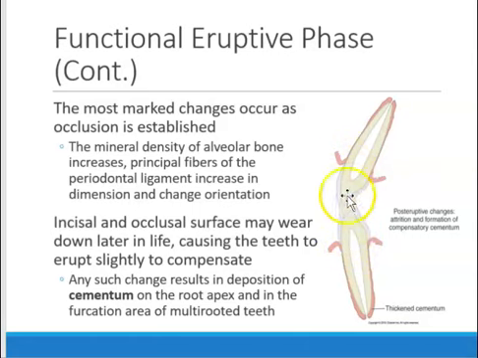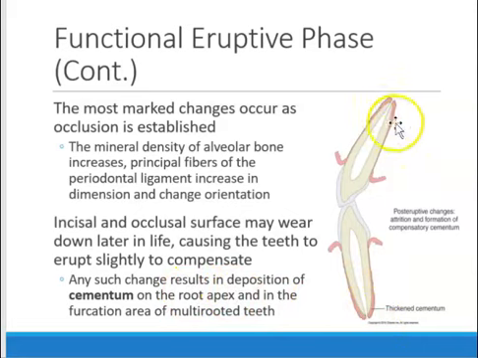Now, as they meet, as they hit each other, every time we're talking, every time we're chewing, the teeth are hitting each other, right? What can happen is it can create some trauma, if you will. To compensate for that consistent hitting and that trauma, cementum, which is a part of the tooth, gets deposited at the root apex, which is like the bottom of the root.